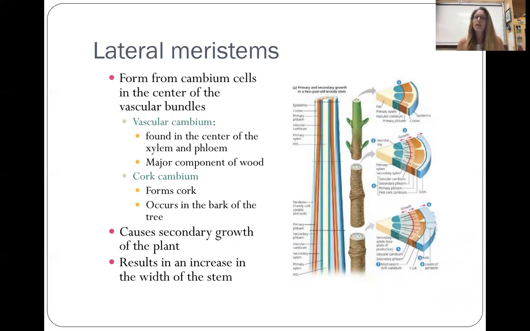When we talk about your lateral meristem, this is going to be your vascular tissue, your phloem and your xylem. It's a major component of wood, so old phloem and xylem becomes that thick woody part of your plant. And we have cork cambium, which forms cork, or the outer bark of your tree. This is secondary growth. So you have to get tall and deep with your roots, and then you can get fatter or wider with added vascular tissue.